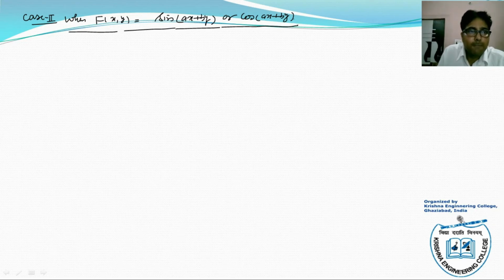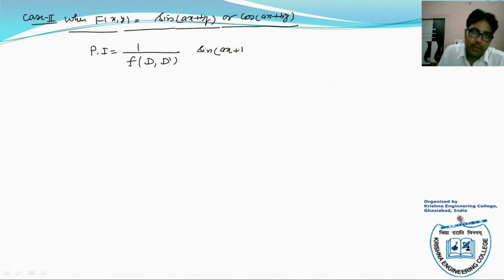Now we know that the formula of PI is 1 upon f(D, D') sin(ax plus by) or cos(ax plus by). The rule is the same for both, so I am taking both together. Clear?